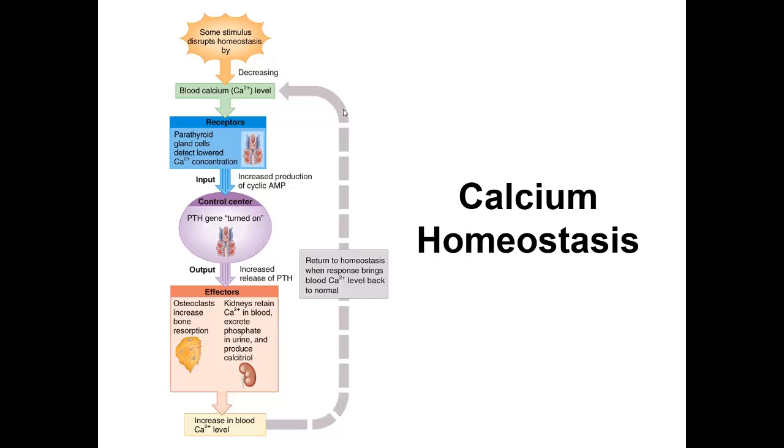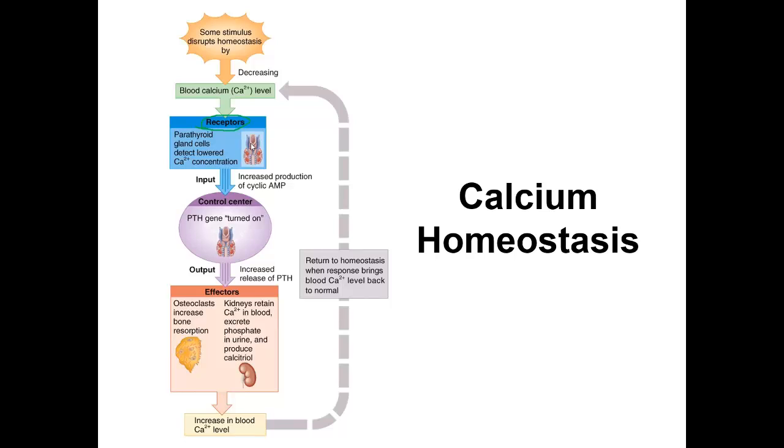In this case, the fetus is sucking up all the calcium, so blood calcium levels in the mother are decreasing. The mother's blood calcium levels have to be raised. The receptors in this case are the parathyroid gland cells. They have detected that the calcium ions are low.